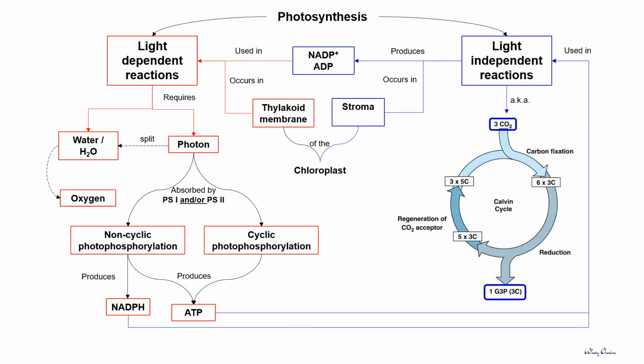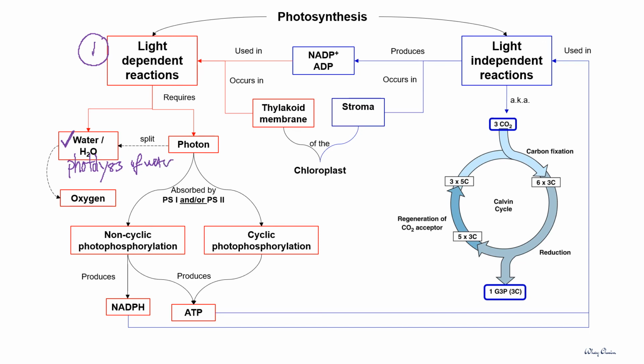In the following hours, we are going to study the two stages of photosynthesis in more detail. Photosynthesis begins with the light-dependent reaction first. It requires an inorganic molecule, water, which is split in a process called photolysis of water. Through this process, oxygen molecules are produced.